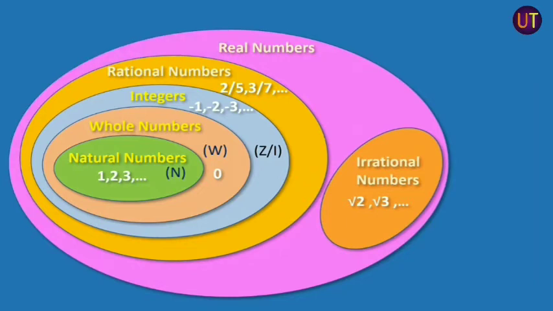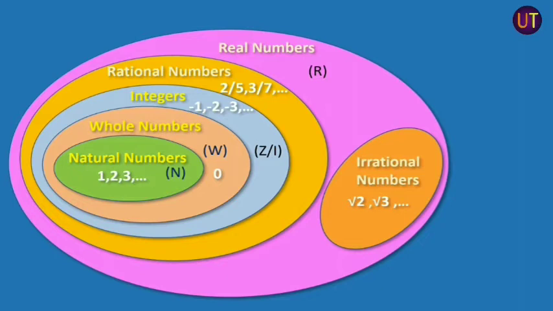This circle represents the real numbers. Real numbers are denoted by capital R. So this is the recap that you already know.